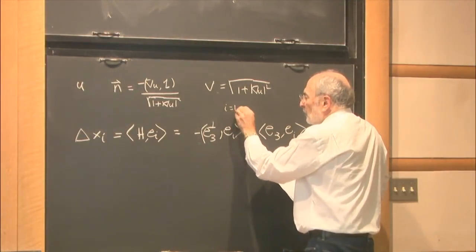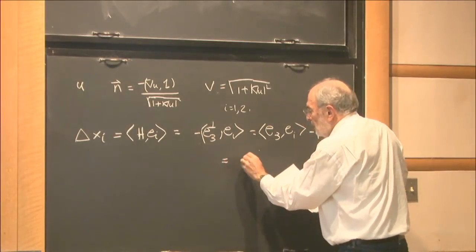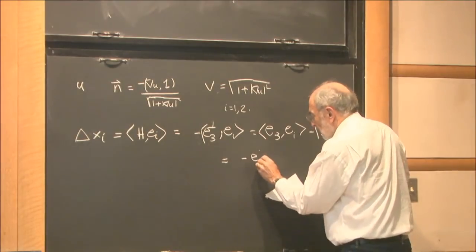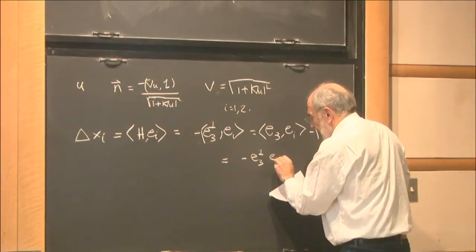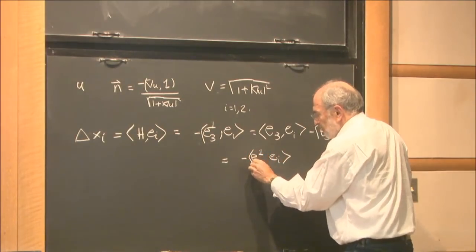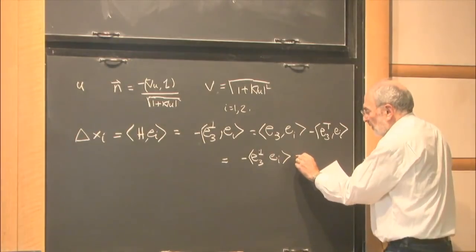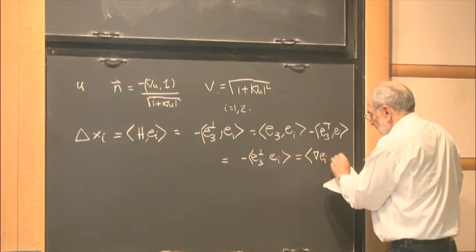So we're doing i equal 1, 2. So this equals minus e3 perp ei. And if you think of that, it doesn't matter where the perp goes. This is just the gradient of xi dot e3.